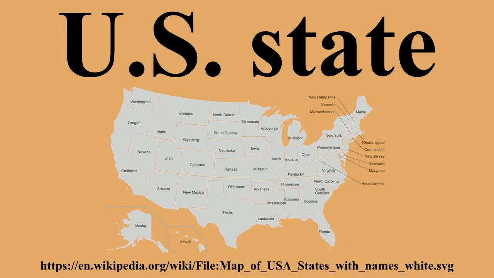Origins of states' names. The 50 states have taken their names from a wide variety of languages. 24 state names originate from Native American languages. Of these, 8 are from Algonquian languages, 7 are from Siouan languages, 3 are from Iroquoian languages, 1 is from Uto-Aztecan languages, and 5 others are from other indigenous languages.